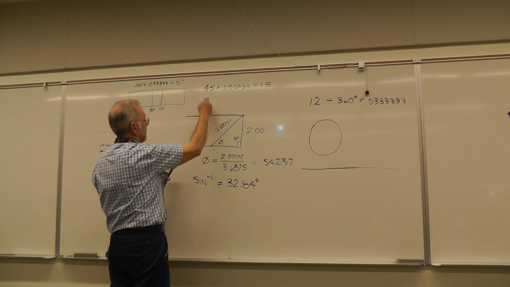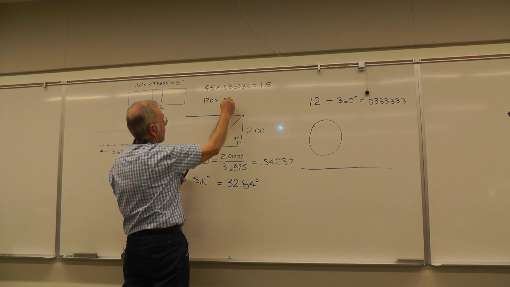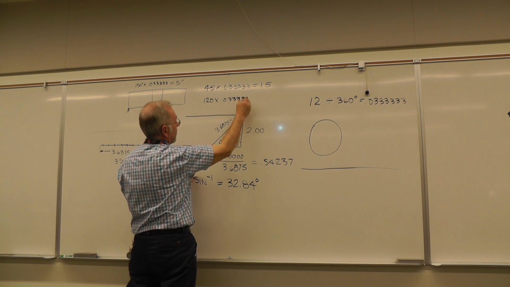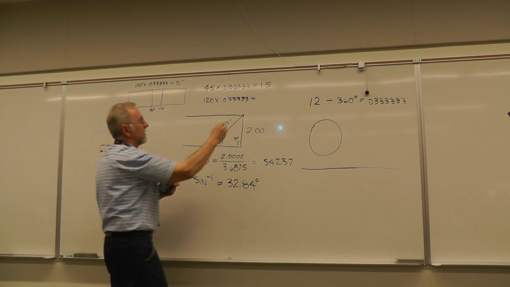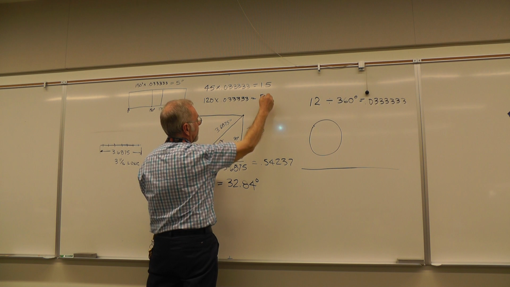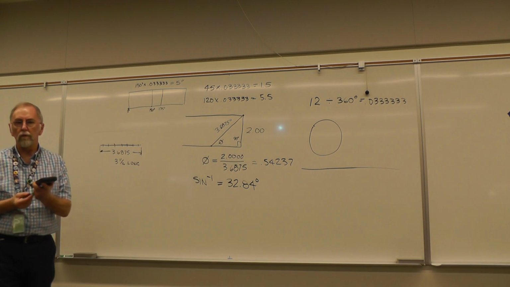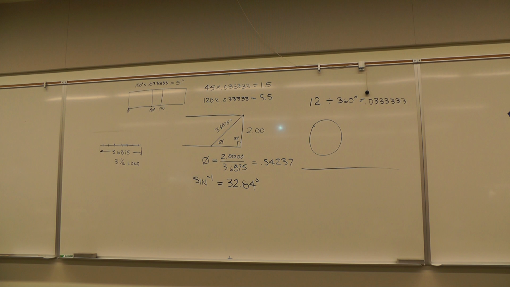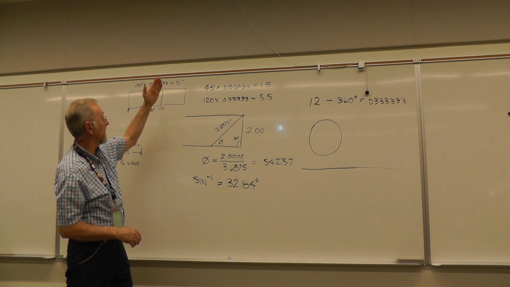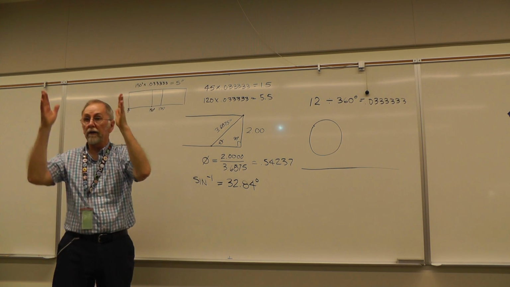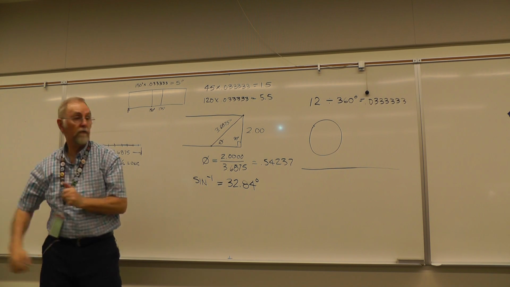If I take 120 degrees multiplied by 0.03333, I get 5.5? Yep, I get 5.5. And then it was going to dwell for the remainder, which was another 45 degrees, 315 to 360, which is another 1.5 inches. So I'm looking at 5 inches, 1.5 inches, 5.5 inches, 1.5 inches for my horizontal increments across.